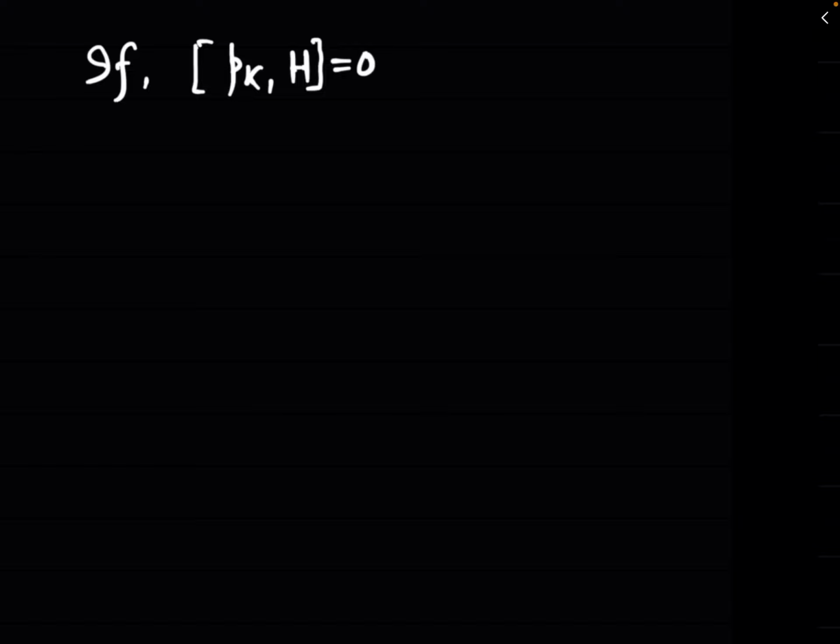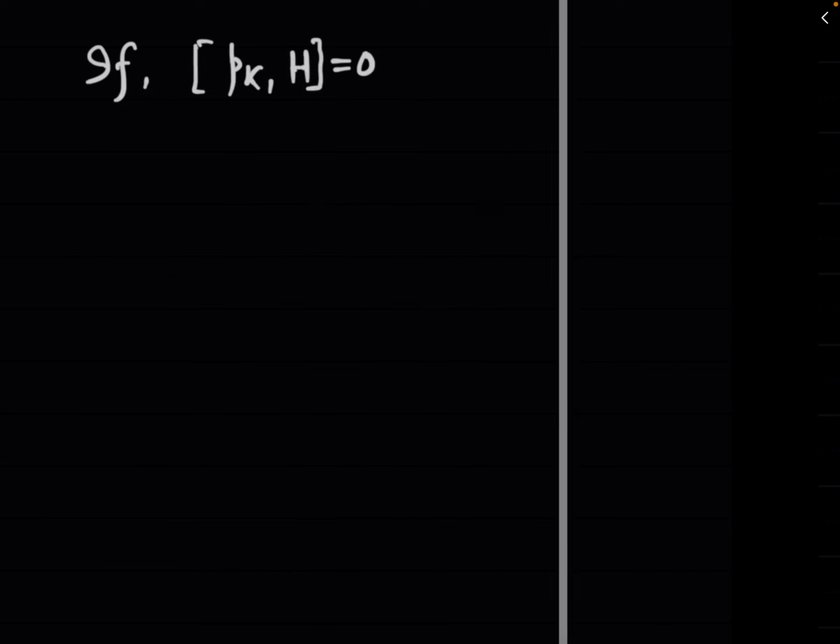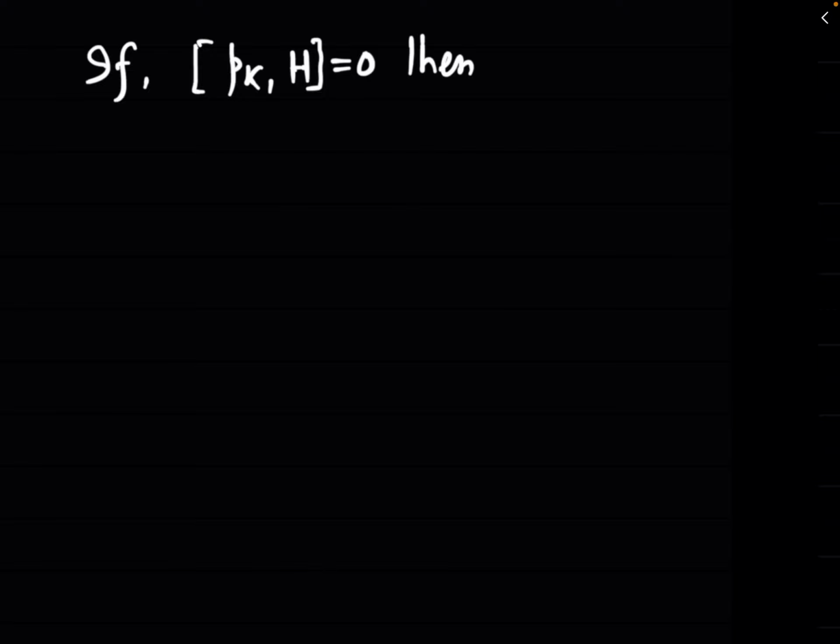So let us consider that Poisson bracket of pk and h is equal to 0. As you know that this Poisson bracket of pk and h is equal to pk dot, so if this bracket vanishes, then you can say that pk dot is equal to 0.